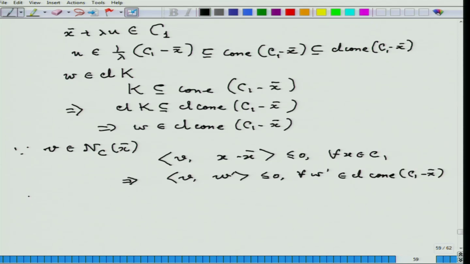Okay, let me see what happens. So, take z, an element of the closure of the cone of C1 minus x bar.